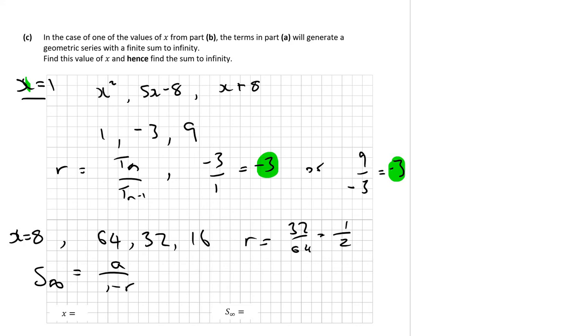So our first term, 64, will be 64 over 1 minus a half, which is a half. So 64 divided by a half is the same as 64 multiplied by 2, which gives me a sum to infinity of 128. So that's adding all of the terms together, and that's the terms going up towards infinity. And I have a finite sum there, and it's 128.